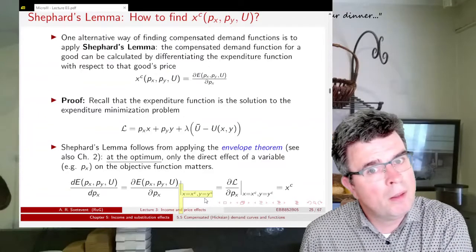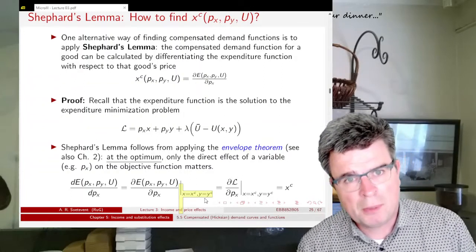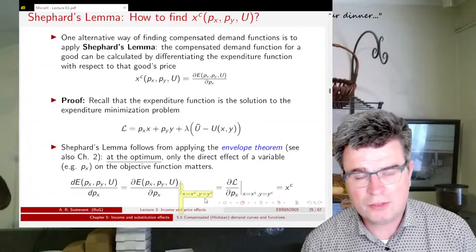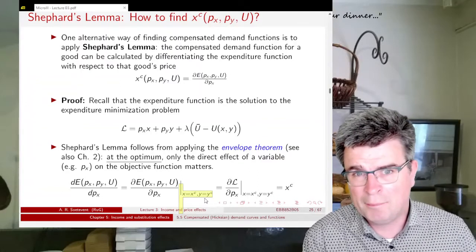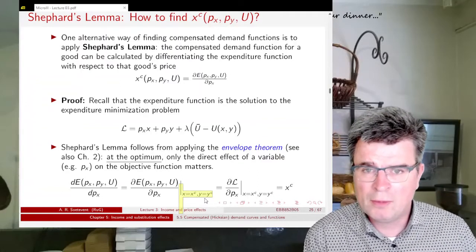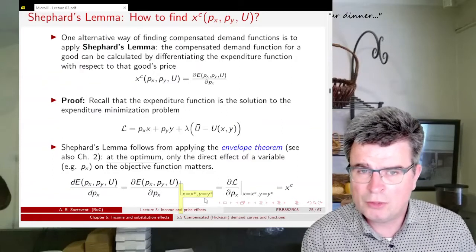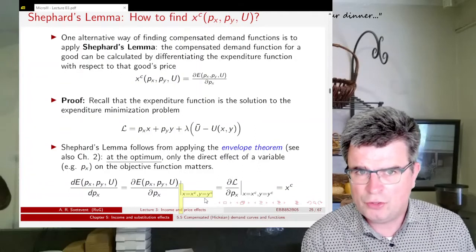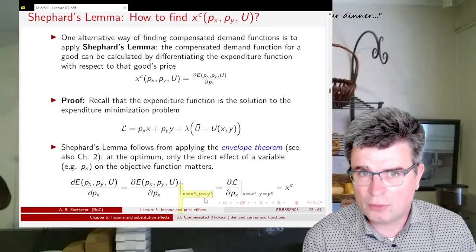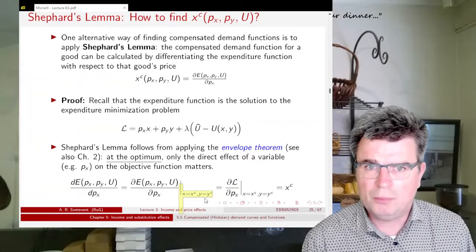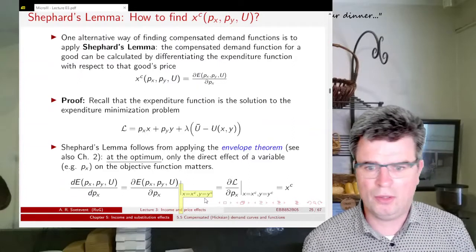So again, given that I buy 5 ice creams, the price increases by 10 cents. The direct impact is that it will increase my expenditures by 50 cents for these 5 ice creams that I buy. Second order effect is that I might change my optimal consumption of ice creams. I might buy a different number of units, but if the price change is sufficiently small, that indirect effect, that second order effect, is negligible. But the extra expenditures of 50 cents, they are not.